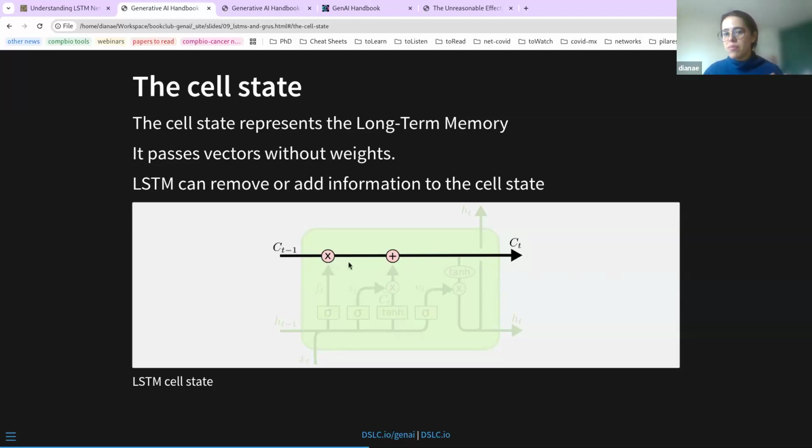It's just two very simple operations: one is a multiplication, and the other one is an addition. So it only passes vectors without weights. And during each time step, the network is going to either remove or add information to the cell state. So this is what holds the memory of the network, what we're learning during each time step.